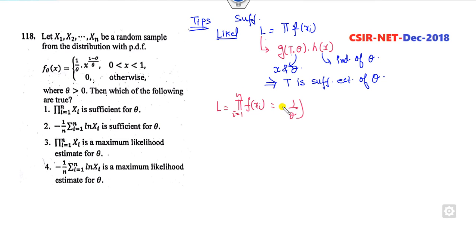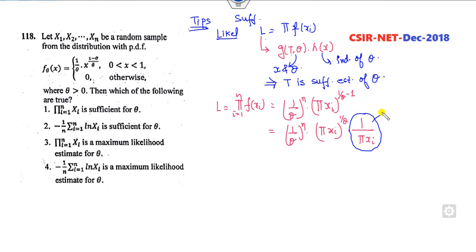It is 1 by theta raised to power n, times the product of xi's. I can also break this component into 1 over the product of x. So clearly this function is independent of theta. So this is my h of x and this is my g.